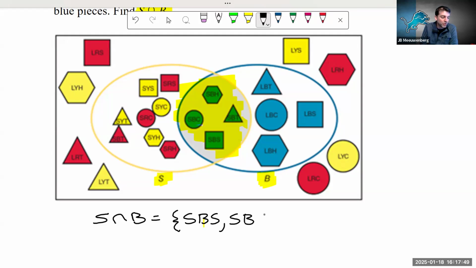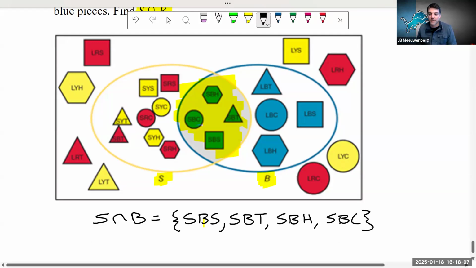SBT, small blue triangle, is another. SBH, small blue hexagon, and SBC. And then we would close that brace. There is our answer, right? That's how we list out all of the elements in that new set, S intersect B. All right.